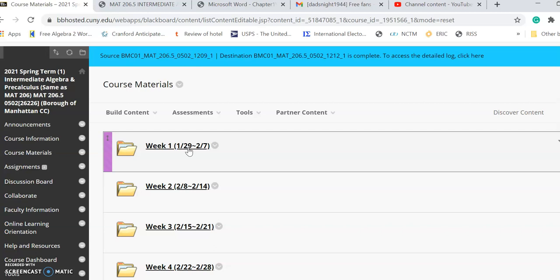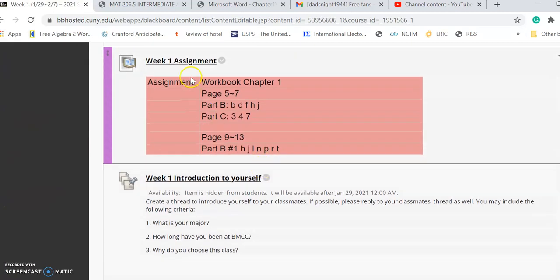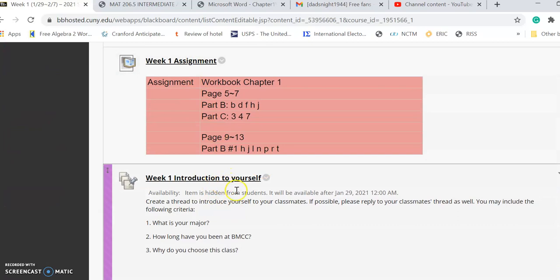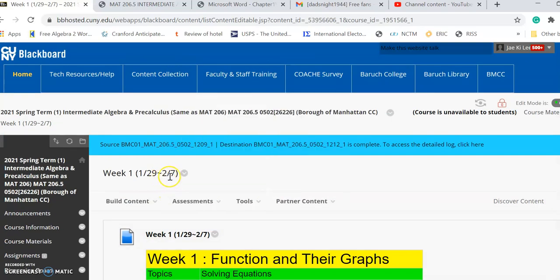So week one ends February 7th, which means all this work, your homework and discussion, must be submitted by February 7th at 11:59 p.m. In this case, please don't wait until the last minute.